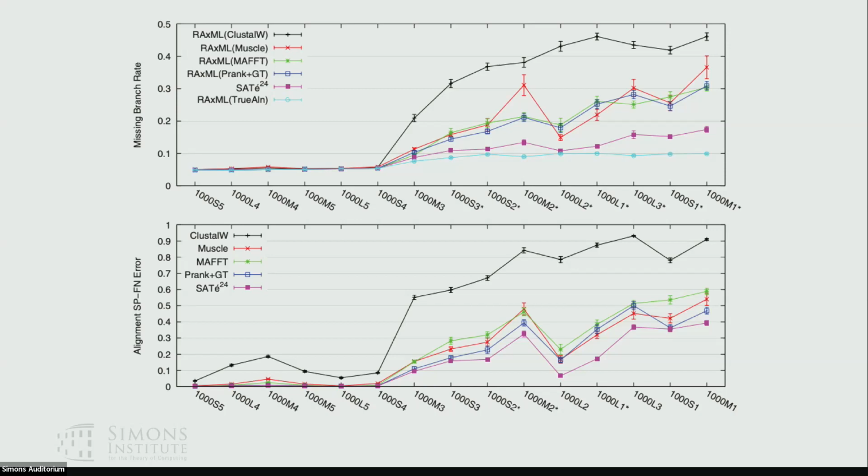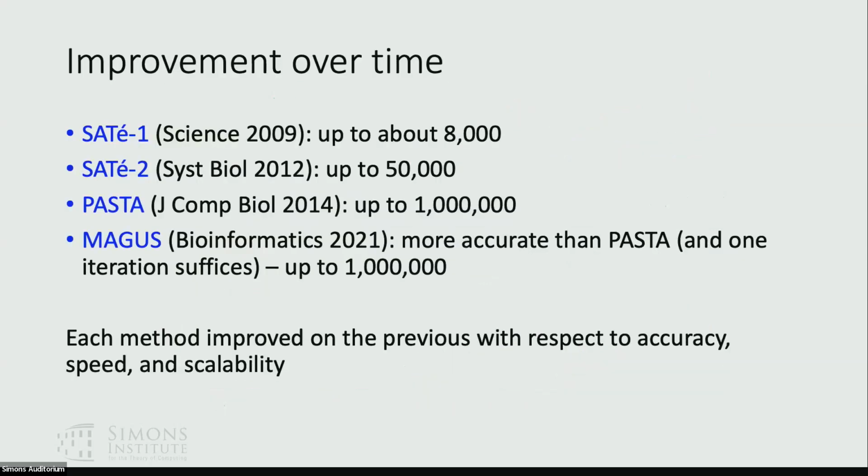Here's the result of a 24-hour analysis with SATe. Better alignments, better trees. That led to other developments of the same type of thing, iteration with divide and conquer. The latest methods of this sort can go to 1 million sequences with very high accuracy. So basically, if you have a large data set, you don't have to give up multiple sequence alignment.